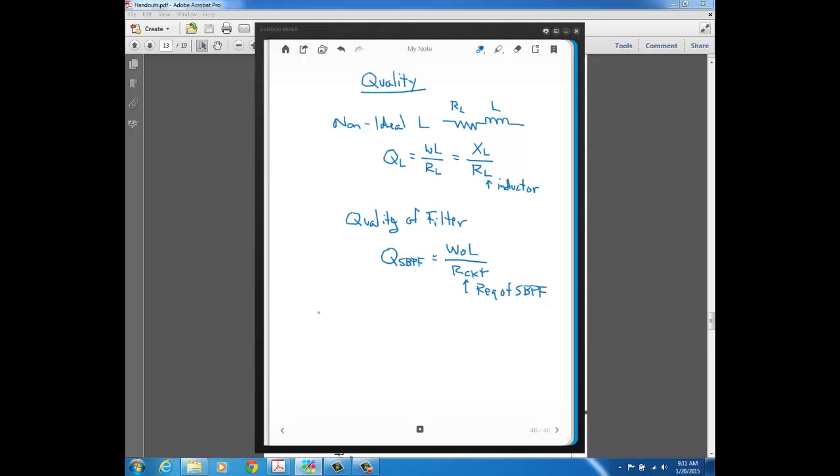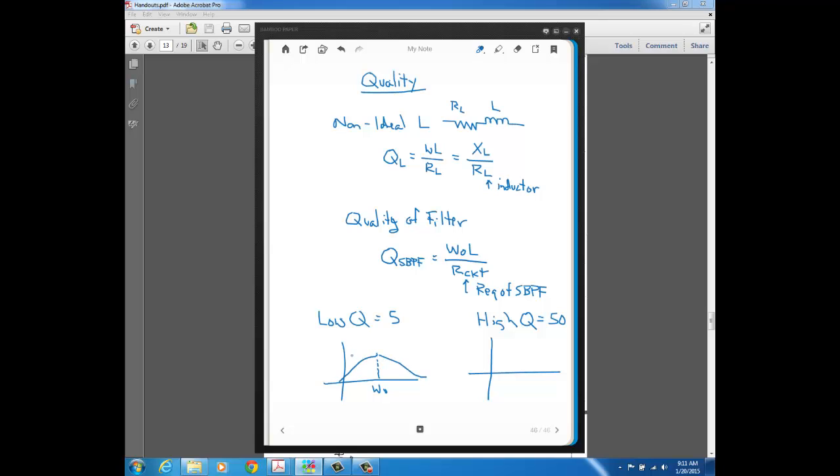So, if you have a low Q circuit, okay, compared to a high Q, say you have a Q of 5, that would be considered low, and a high Q circuit of 50, something like that, or higher. Well, this low Q circuit, you're going to have a broad range of frequencies.